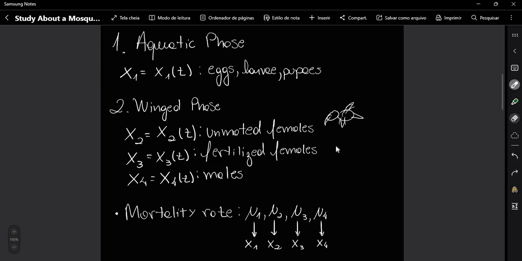So X1 is also related to the unmated females because it's the ones that are becoming mosquitoes, and we got the ones that were already developed and the ones that still are in development, and we are starting to count them right here.